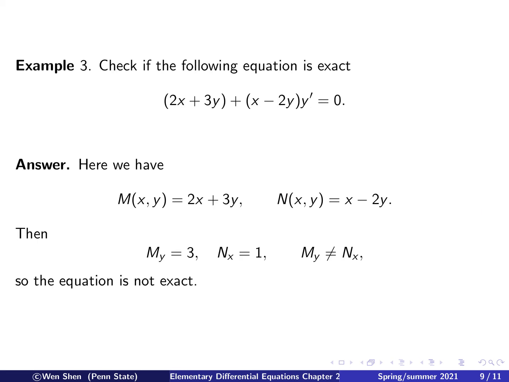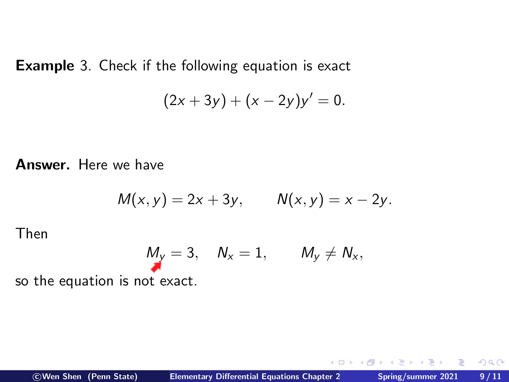Okay, so the next example is a simple one. We just want to check if the equation is exact. And the equation is given here. So we see that this is our function M, and this is our function N. And then we need to check the partial derivatives.